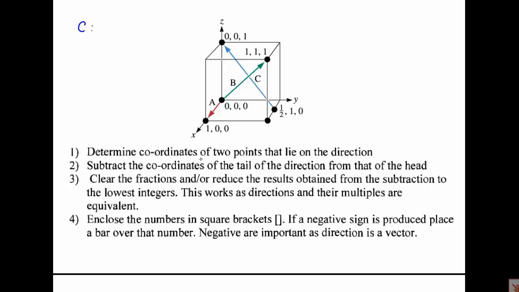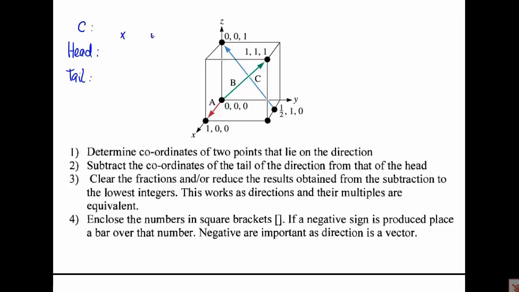First, we're going to determine the coordinates of the 2 points that lie on the direction. I want to read the next step because we will see what we need to do with those coordinates. We need to subtract the coordinates of the tail of the direction from that of the head. So I'm going to write the coordinates of the head of the arrow first, and then the coordinates of the tail next.